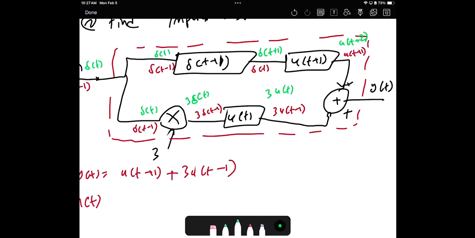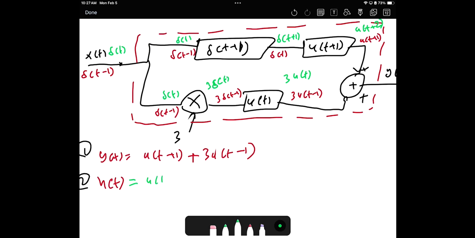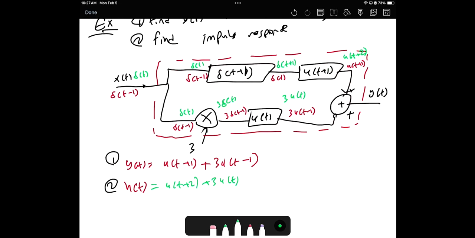Then there will be addition. So as a result, h of t will be u of t plus 2 plus 3 u of t. Okay? Does this make sense? It's very crucial to understand this example.